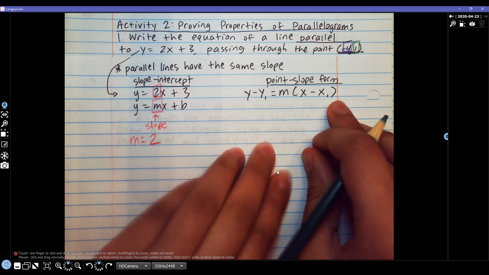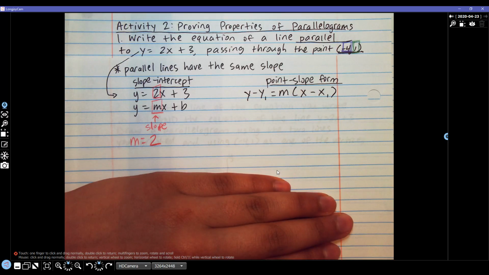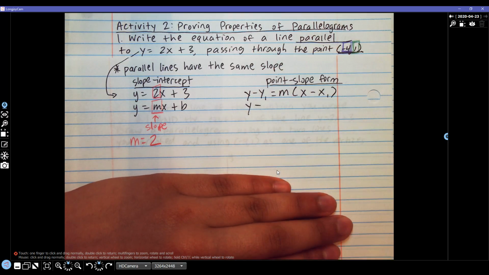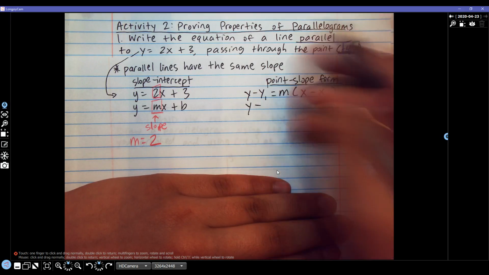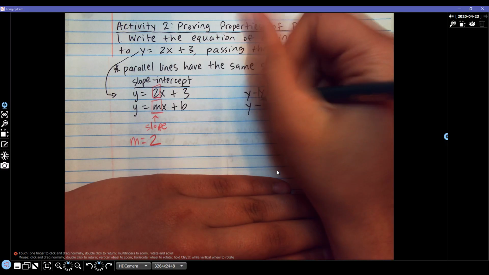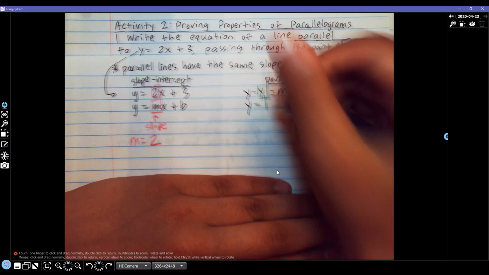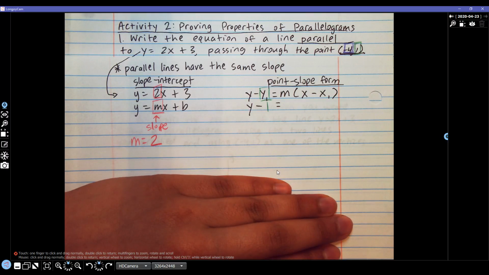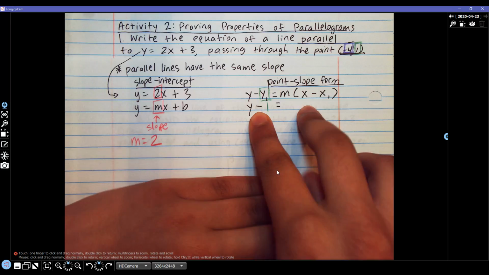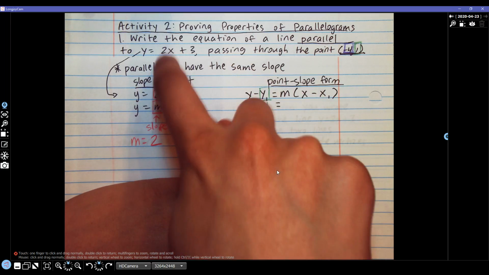So let's set up this equation. So we have y minus, my y coordinate is 1, so I'm going to put y minus 1 equals, we know our slope is 2 because the line that goes through this new equation has to be parallel to this one.